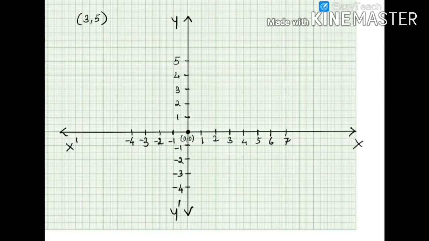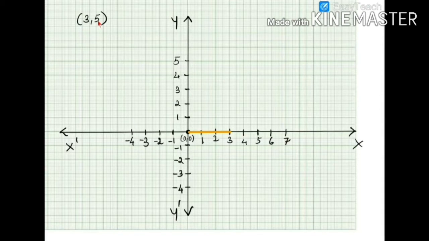Now to plot point 3, 5, we start with the first number of the ordered pair, which is the x coordinate. Since this number is positive, we will move from the origin along the positive x-axis by 3 units and reach here.